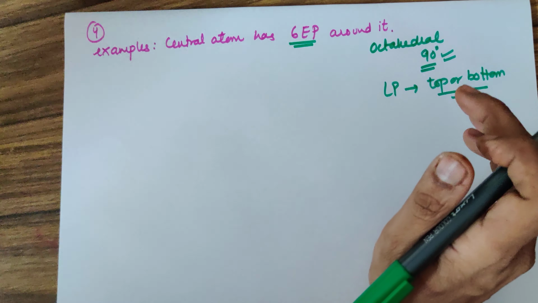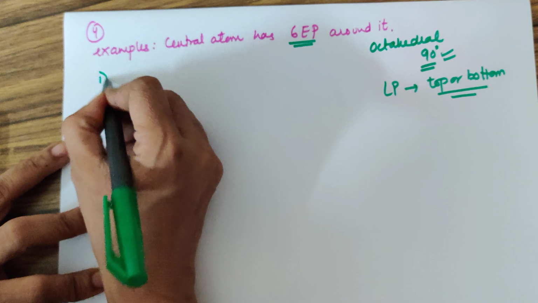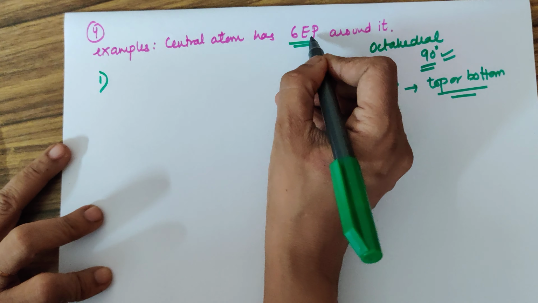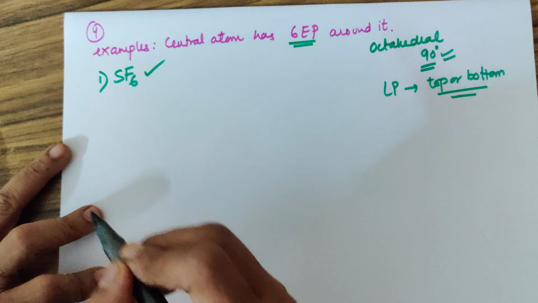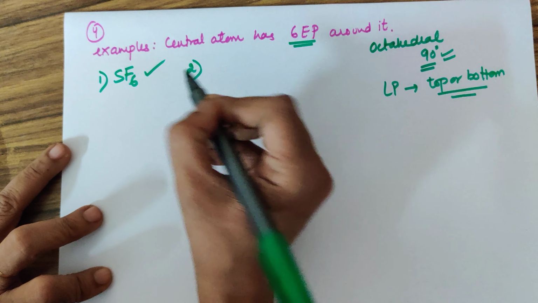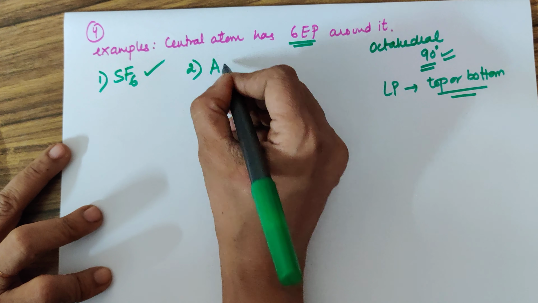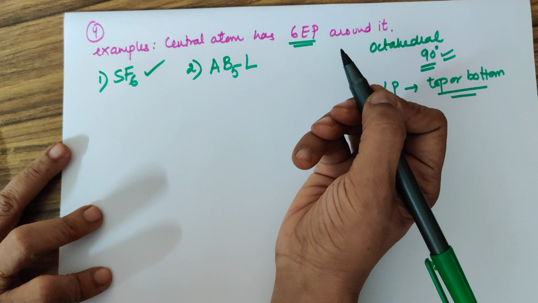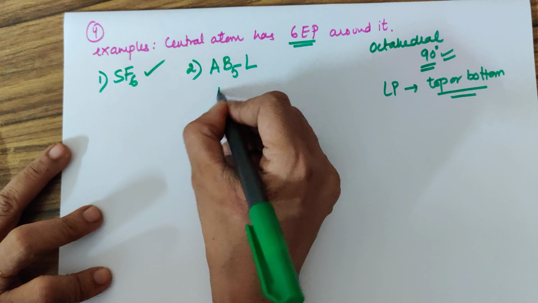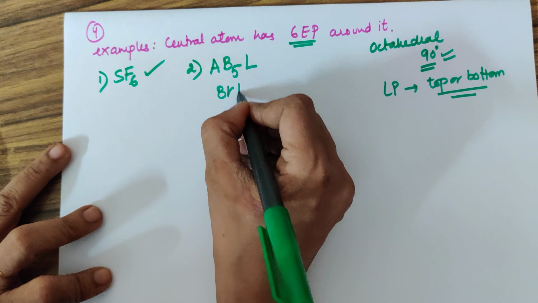Under this category, the first example, instead of 6 bond pairs, which was your SF6, already done in part 1, we move to the second geometry where you have the central atom with 5 bond pairs and 1 lone pair. The example under this category is BrF5.